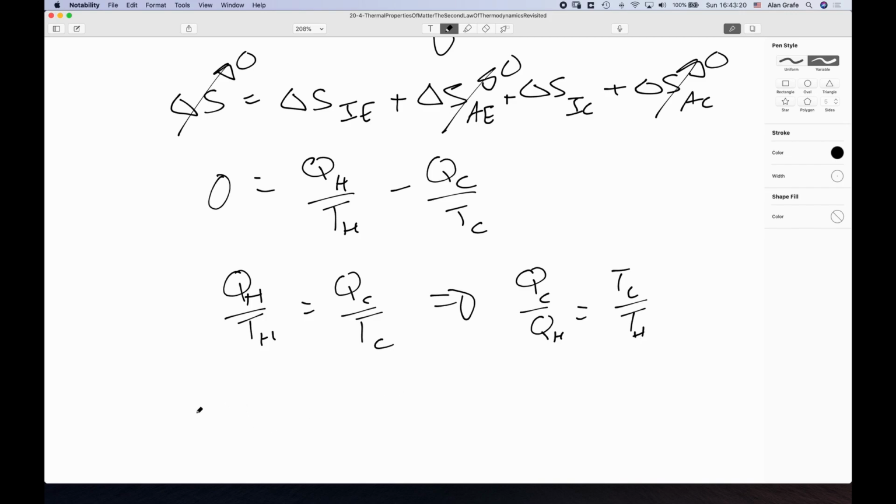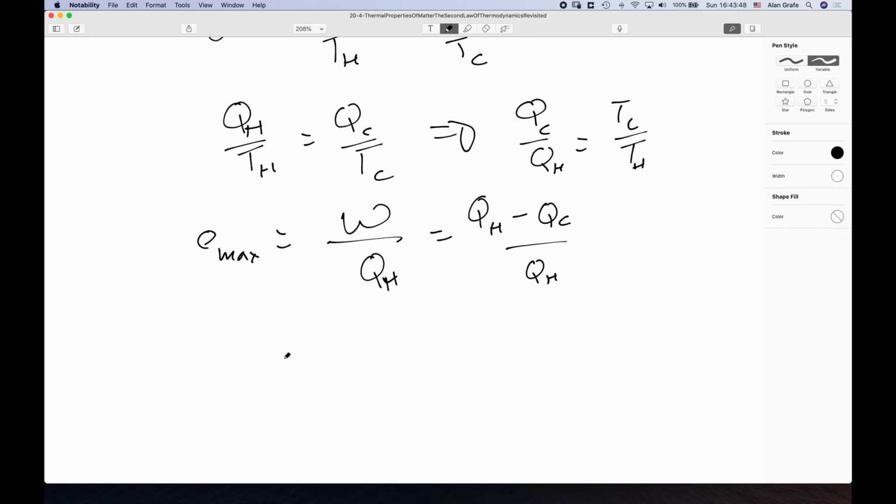All right. So now we can calculate our efficiency for our Carnot cycles. This is our maximum efficiency. Efficiency is the work over Q hot, because this is what you got, and this is what you had to pay. And this is equal to Q hot minus Q cold over Q hot.